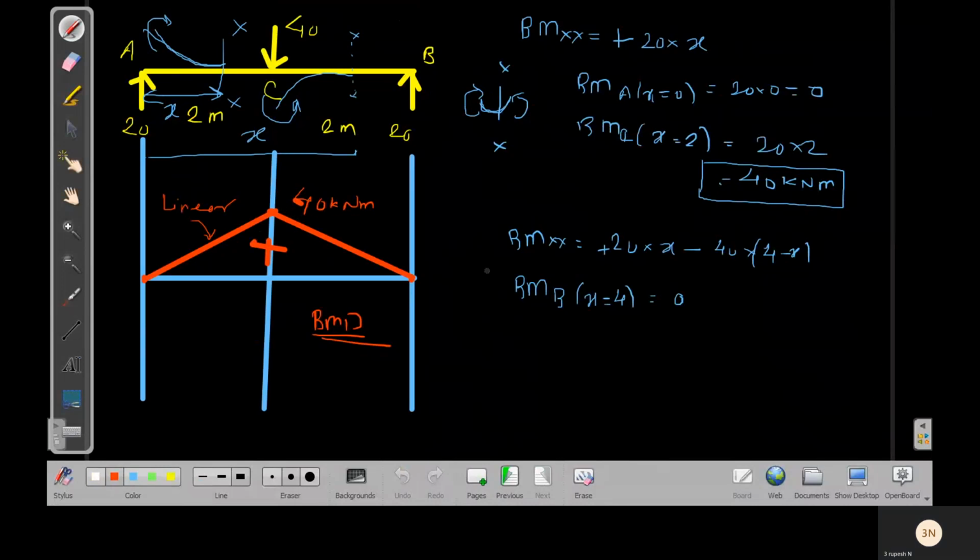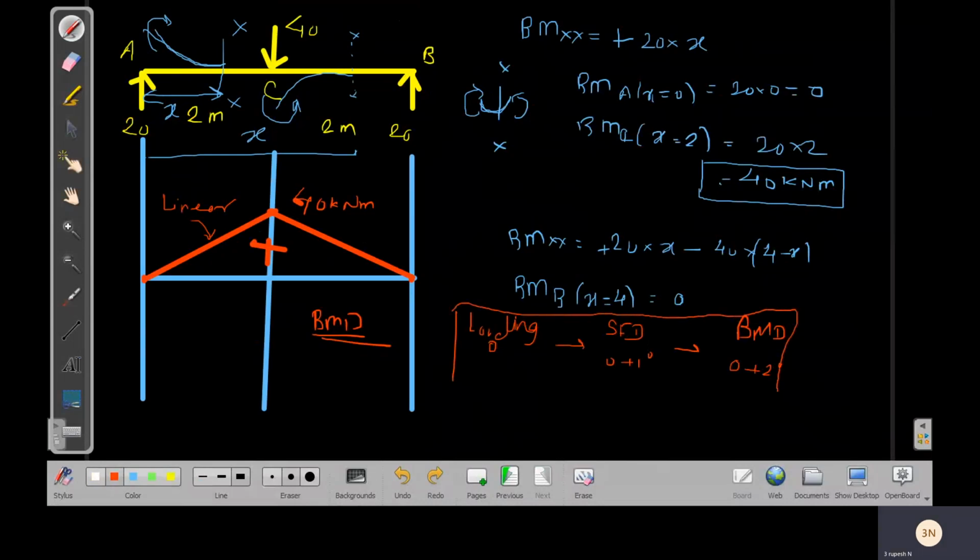So always remember, if the loading is 0 degree, then your SFD is 0 plus 1 degree. Okay, then your BMD is 0 plus 2 degree. Okay, so 1 degree higher than loading for SFD and 2 degree higher than loading for BMD. So you have to remember this. Okay, so this is very, very important.